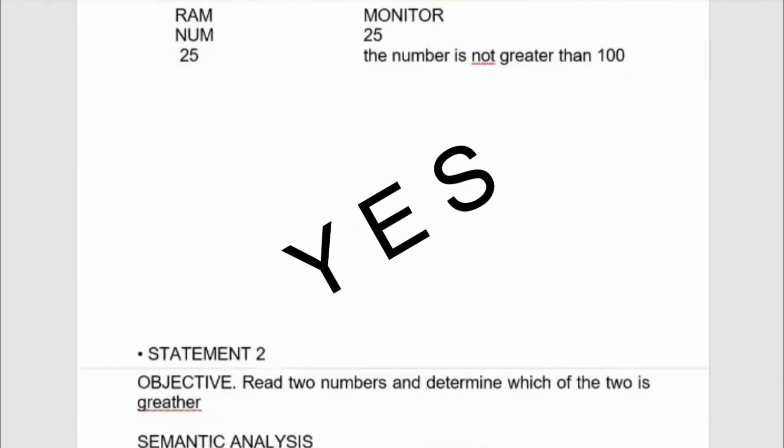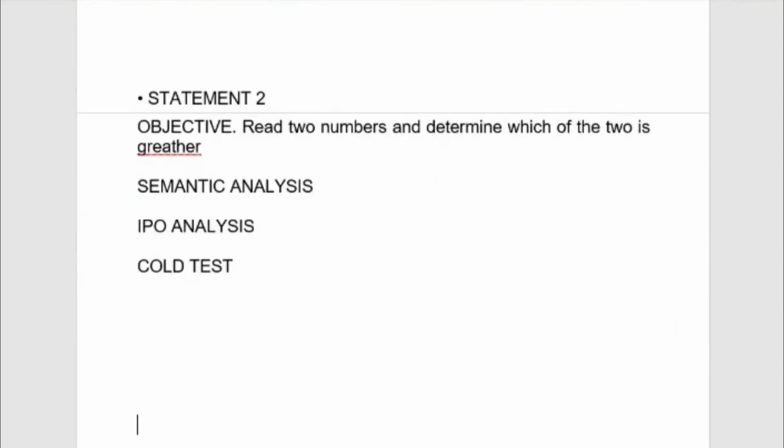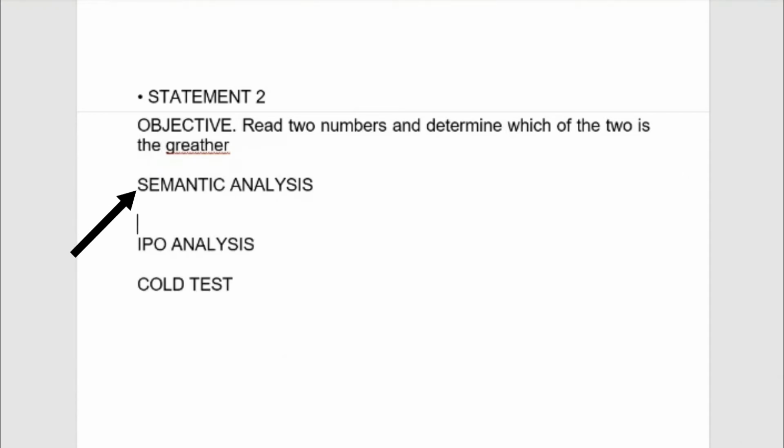Now let's see statement 2. The objective is read two numbers and determine which of the two is greater. Or better, which of the two is the greater, right? So the semantic analysis.